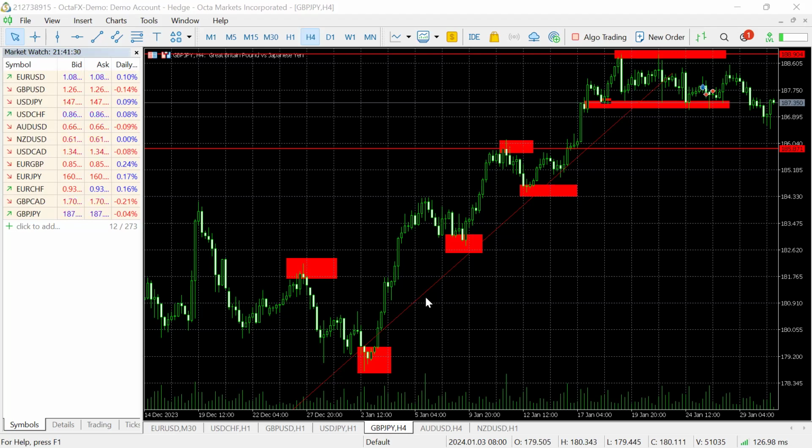For instance, look at my screen. This is GBP. It has been buying for a while, and then it got to this point.